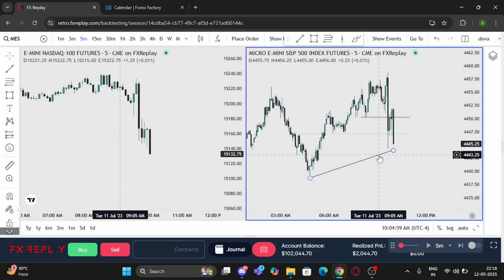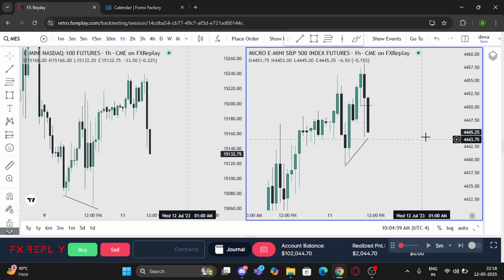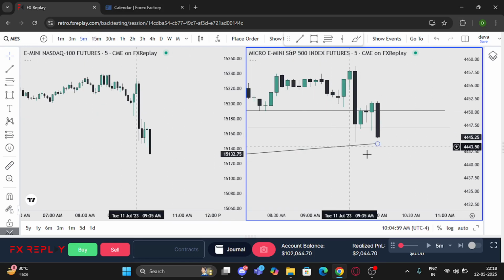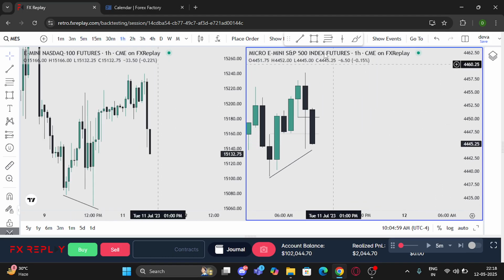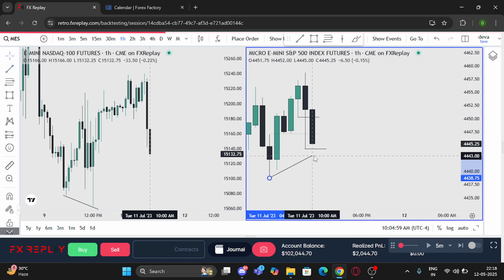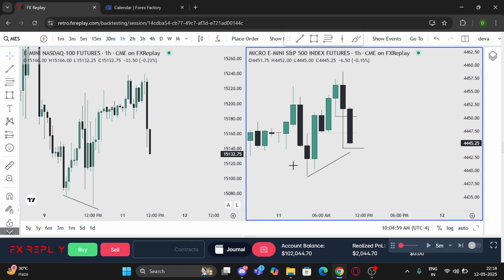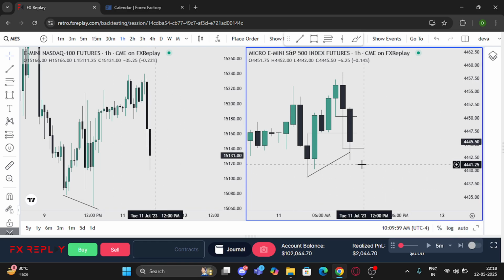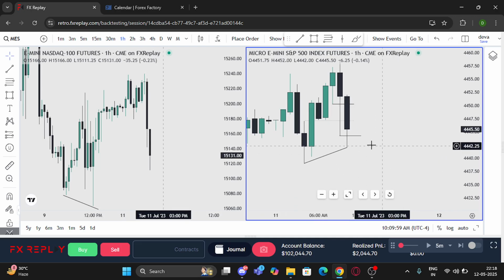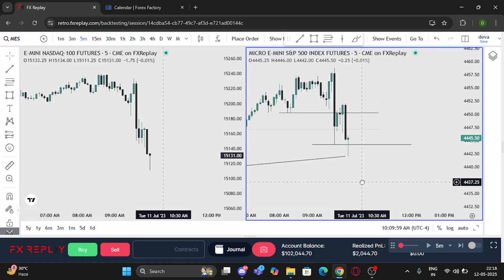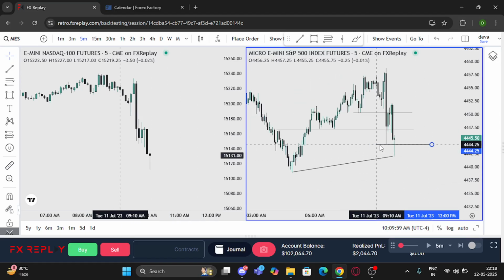Well, I should be waiting for this, I won't be trading this. We got no change in the state of delivery, and yeah, it can be the sweep again because it didn't have any change in the state of delivery, and it's been trading lower, right? The Nasdaq also. Okay, so we got this sweep, I guess. I don't know if this is a sweep. It can be or whatever.